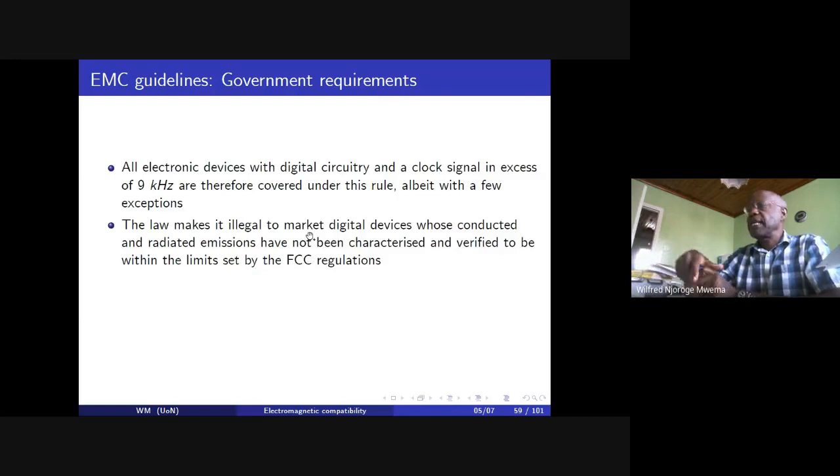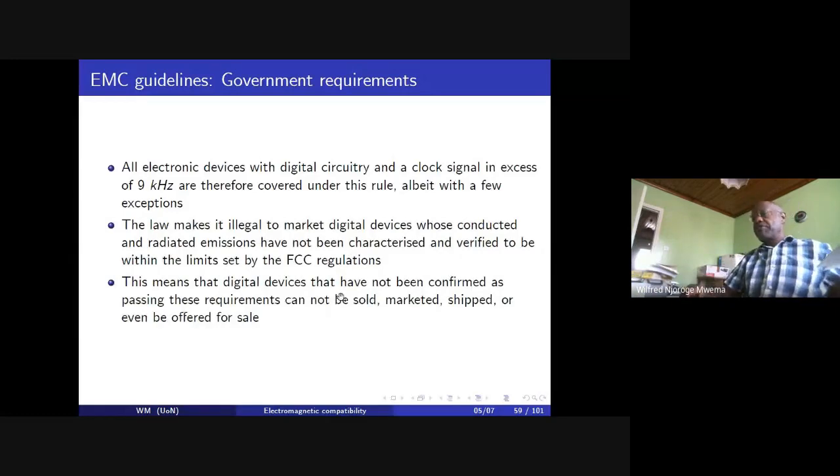The law makes it illegal to market digital devices whose conducted and radiated emissions have not been characterized, that is measured and verified to be within the limits set by the FCC. We shall see some of these limits when we look at standards and standardization. This means that digital devices that have not been confirmed as passing these requirements cannot be sold, marketed, shipped, or even offered for sale in that particular jurisdiction.